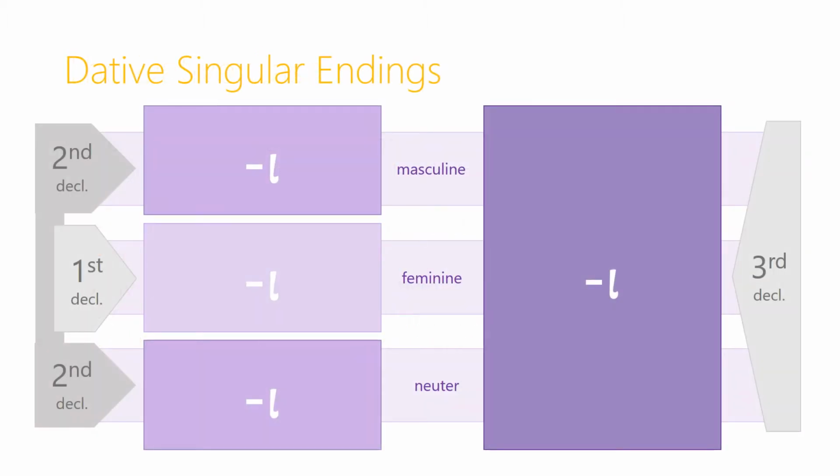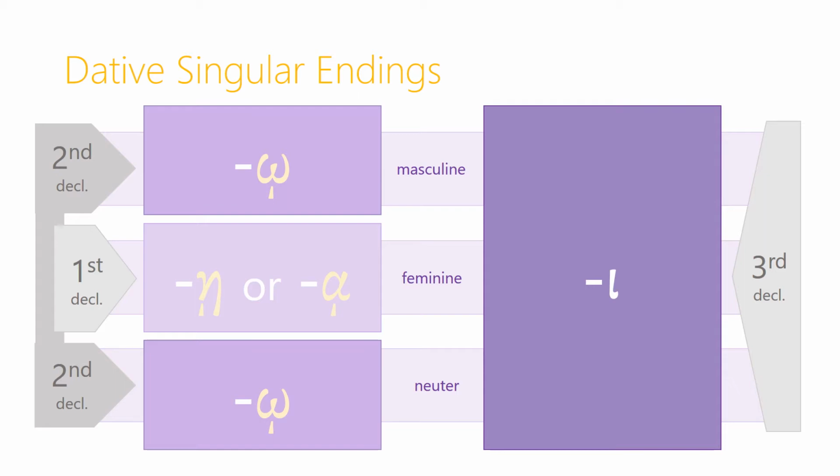The dative singular endings are quite easy. For all declensions, the basic ending is just an iota. It gets a little bit more complicated when we add on the connecting vowels, though. When we add the omicron connecting vowel in the second declension masculine and neuter, what we end up with is the omicron lengthening to omega and the iota moving underneath as an iota subscript.